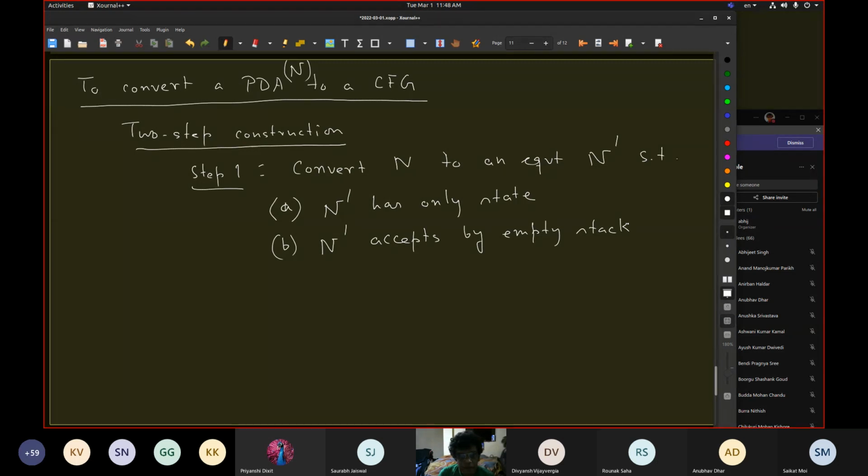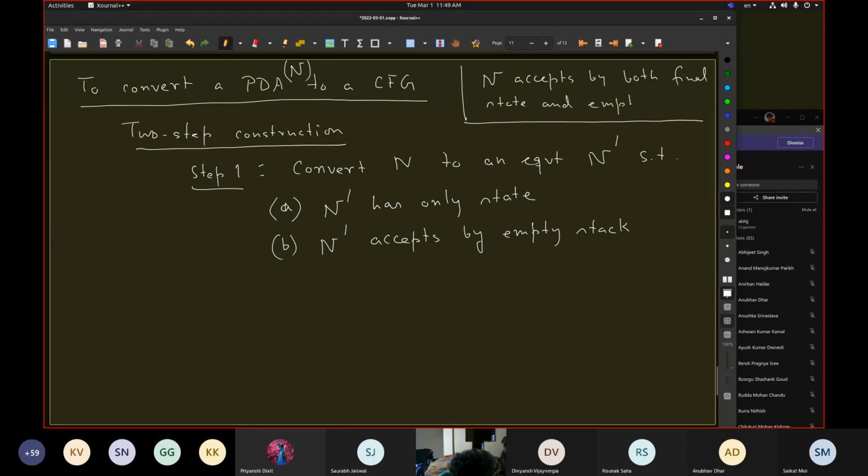Given whatever is covered so far, I can always make the assumption that N accepts by both final state and empty stack. So I have already made a construction which allows me to make this assumption.